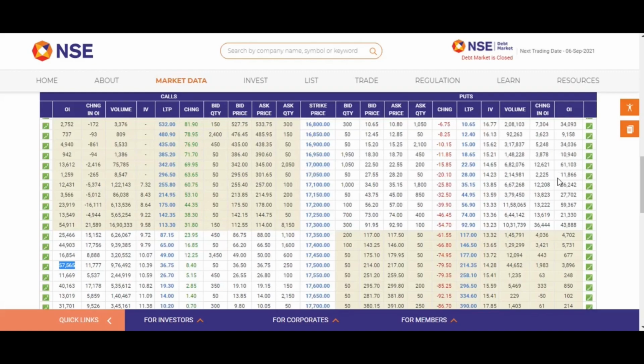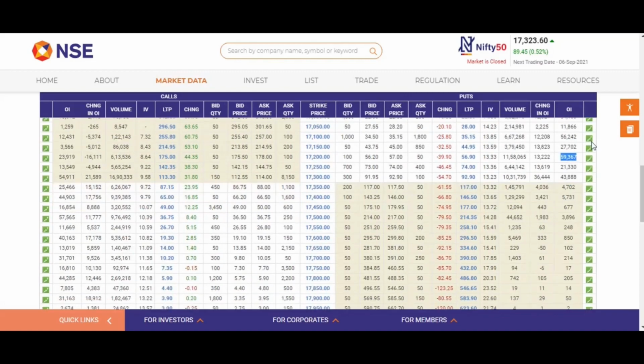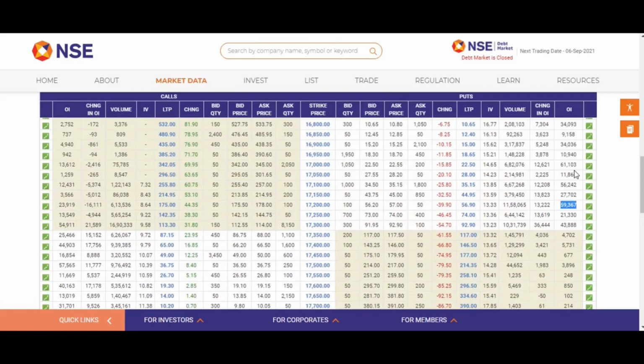After 61,000, there's high OI on 56 and 59. So basically this OI column on the put side is way higher than the OI column on the calls side, because as you can see, calls is what? 25, 44, 16, 11, 40. But here the OI is way too high: 44, 21, 59, 56, 61.